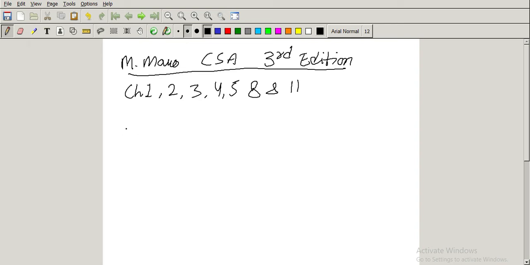In chapter 1, this is your entire chapter actually, you have to cover as per your syllabus. In chapter 1, the important part is your logic gates and Boolean algebra.